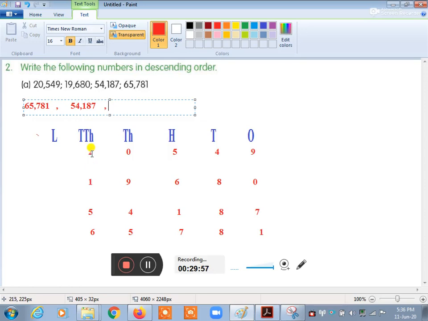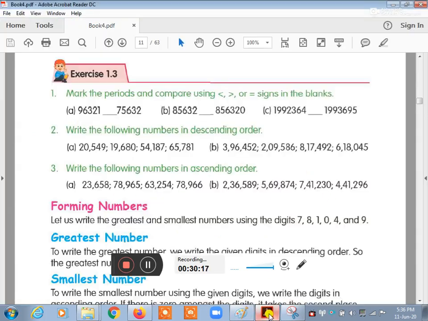So 2 is the greatest. So 20,549 is the next greatest. So remaining is 19,680. So the B bit, do it by yourself. I am giving as a homework.